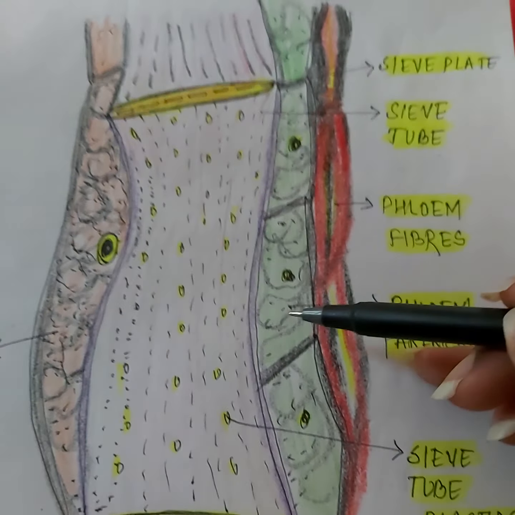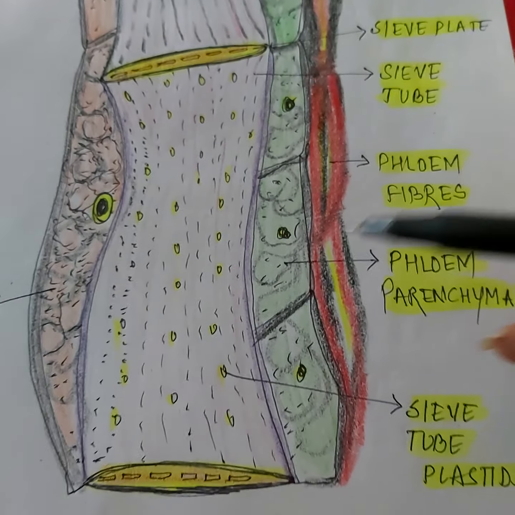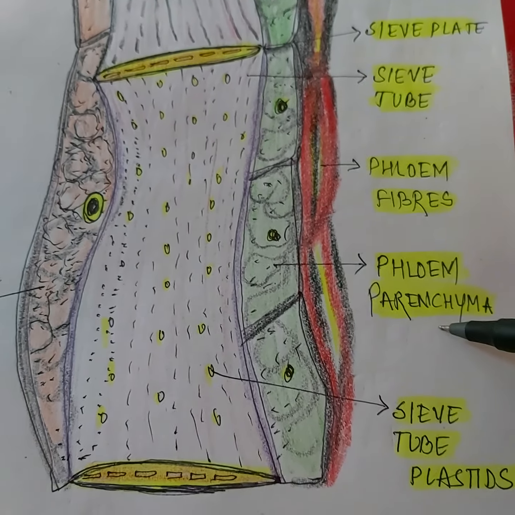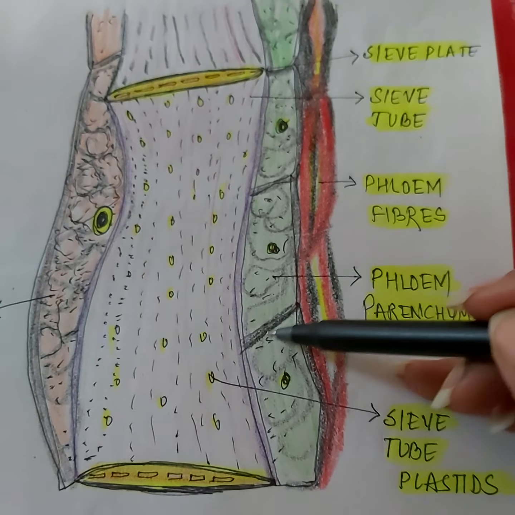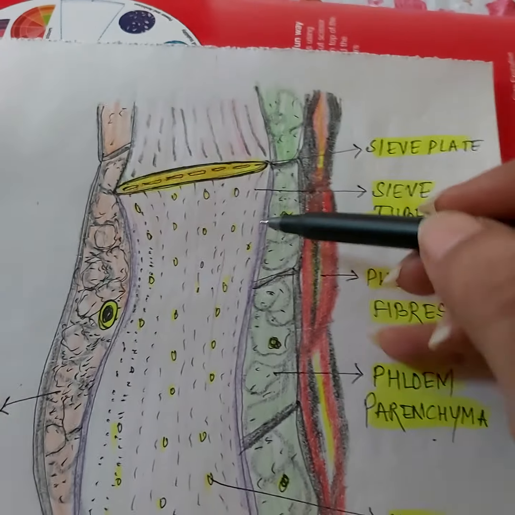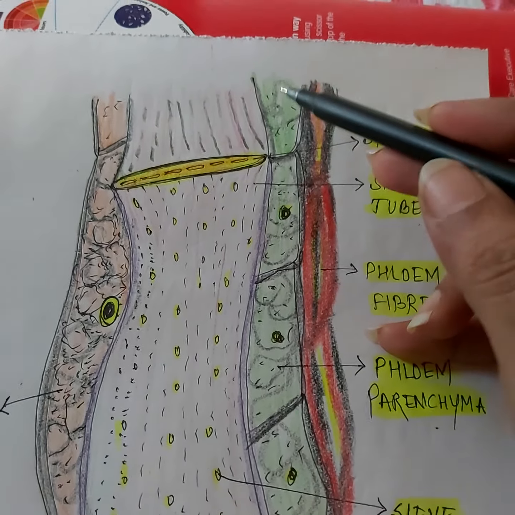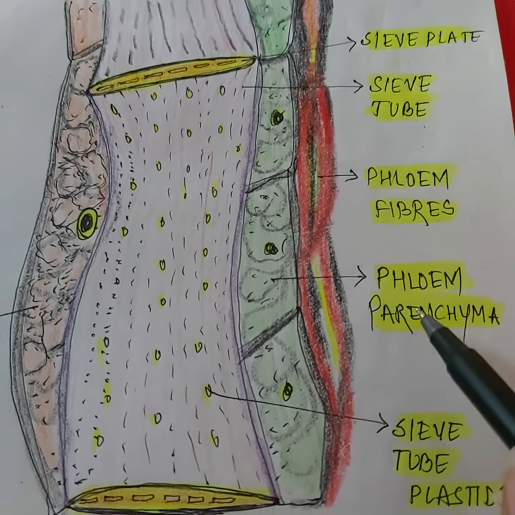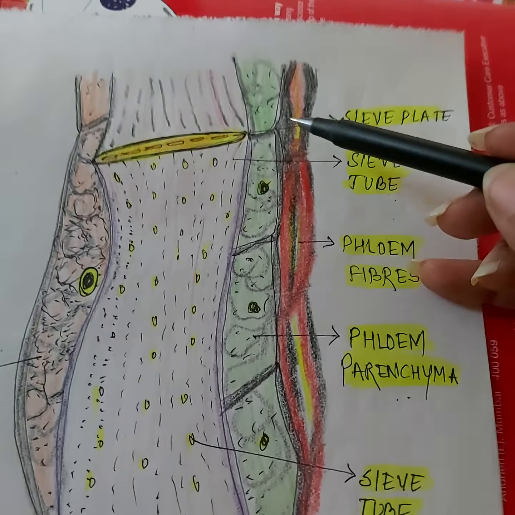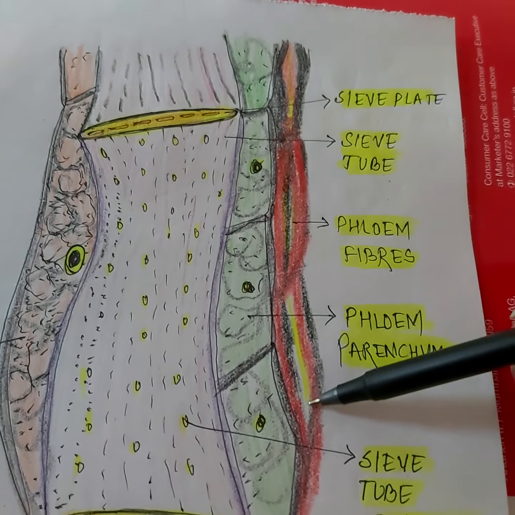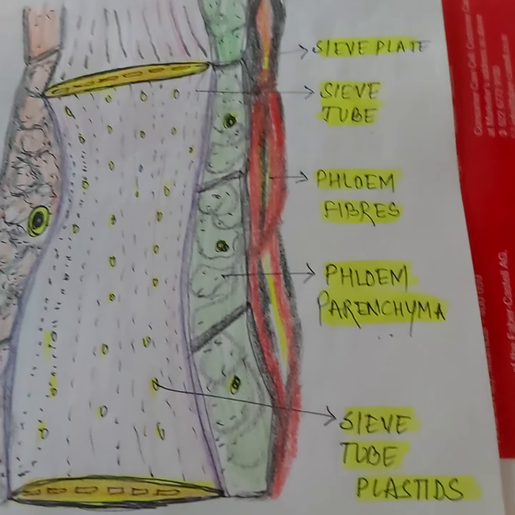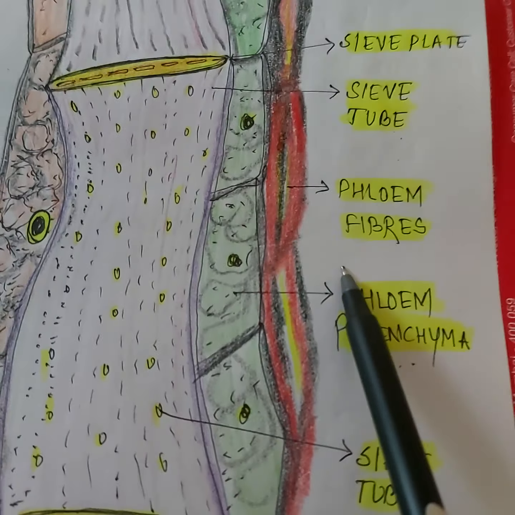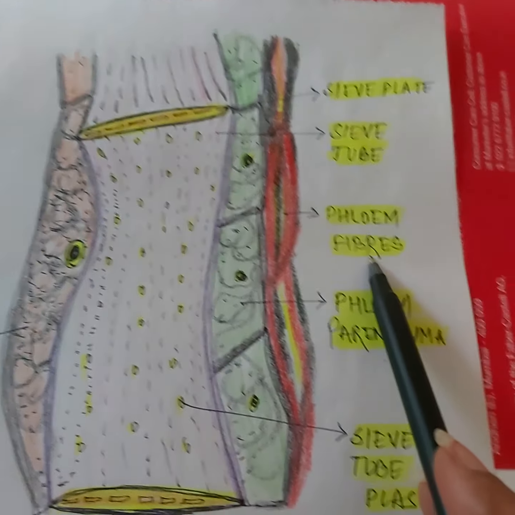The third kind of cell forming the phloem tissue is the phloem parenchyma. You can see these cells which are lying near the sieve tubes. These are the third kind of cells, phloem parenchyma. And the fourth kind of cell forming the phloem tissue is the phloem fibers.